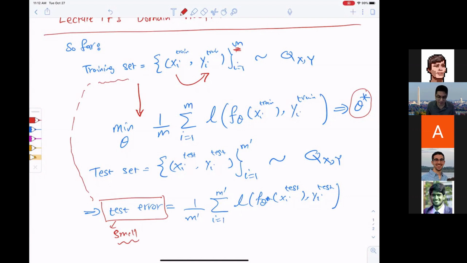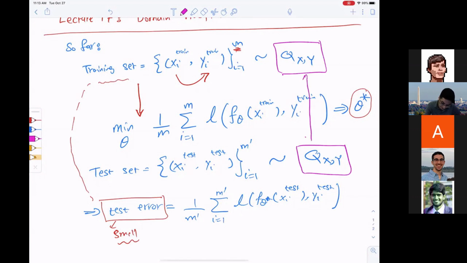It says the same distribution of the training set and the test set. So if you think about the assumptions here, I'm assuming my training samples come from distribution QXY, and also my test samples come from the same distribution, right? That's the key assumption that we have here.